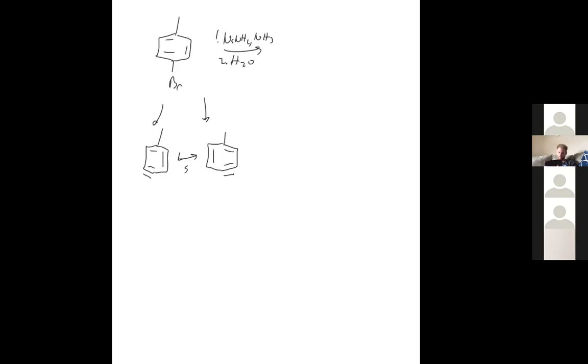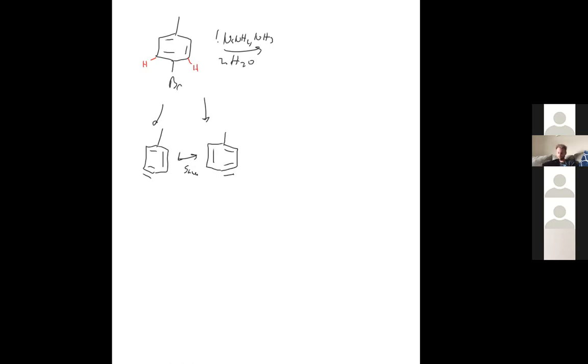But because they're the same molecule, it doesn't really matter which one you draw. All right, and that's because you're pulling off protons. So you have a proton here and one here. They're both going to give you similar alkynes.